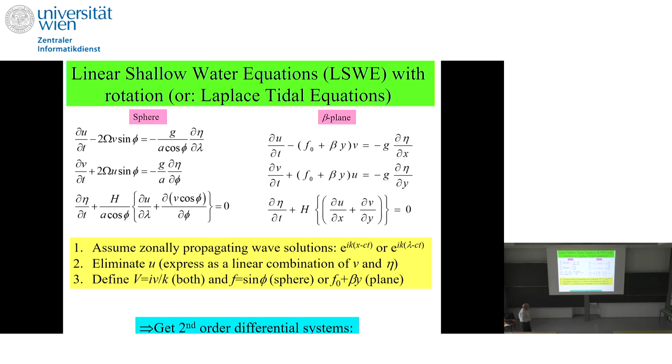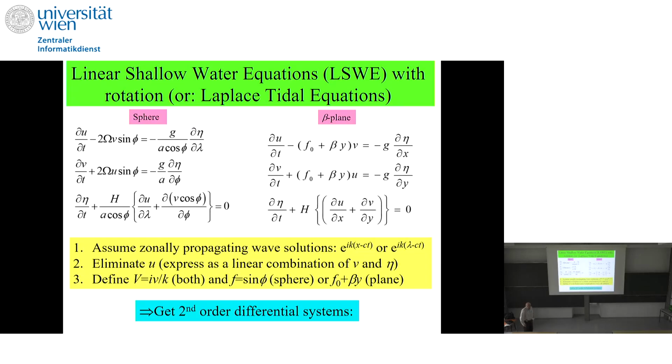Okay. And then actually we get a second order system. So again, in either of them you can get the second order systems in both geometries. And again, this one we worked on for a while. What we did was to transform it into a Schrödinger equation by eliminating one of them.